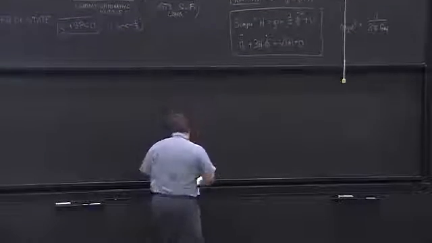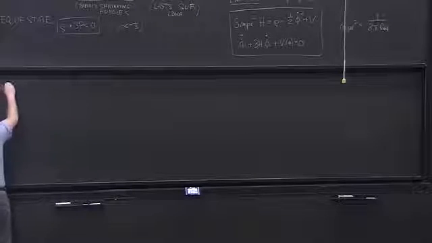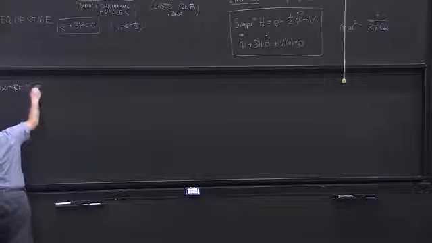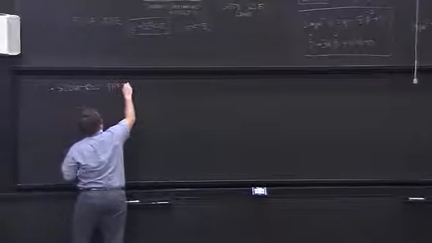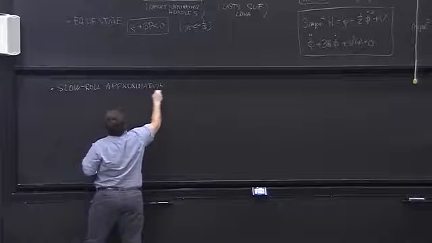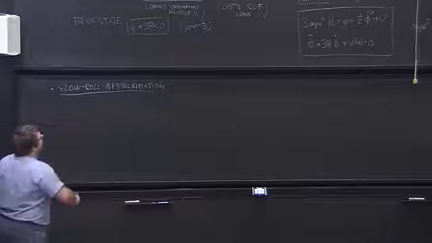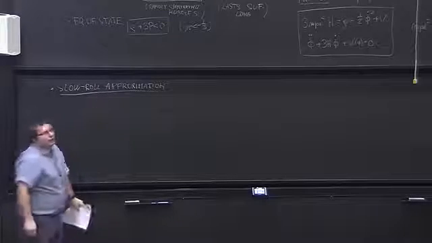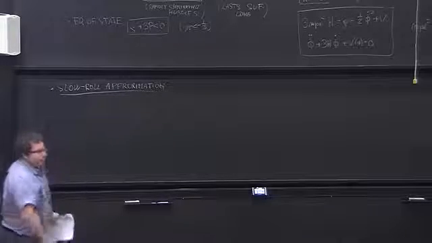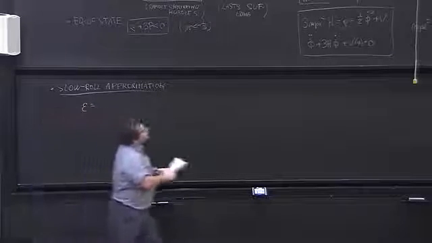Now we want to impose this slow roll approximation. And for that, you need to calculate what these parameters epsilon and eta are in this given theory. And you can do that. So basically you have to mess with these equations a little bit.